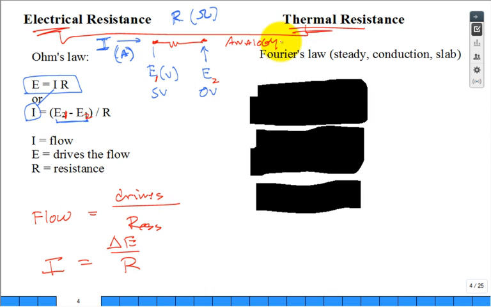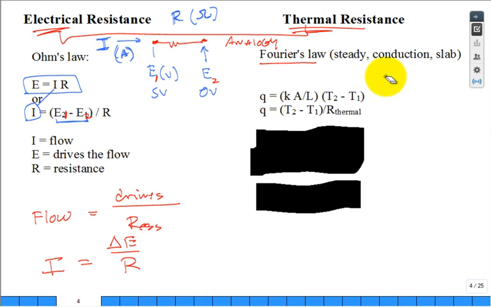Okay, so the analogy is basically on the equation we just derived from Fourier's law, the Q, the rate of heat transfer through that slab. This was our equation. The rate of heat transfer through the slab was the temperature difference. I'd like to put T1 minus T2, consistent with my other slide, but you see I switched them. And then I divide by some resistance.